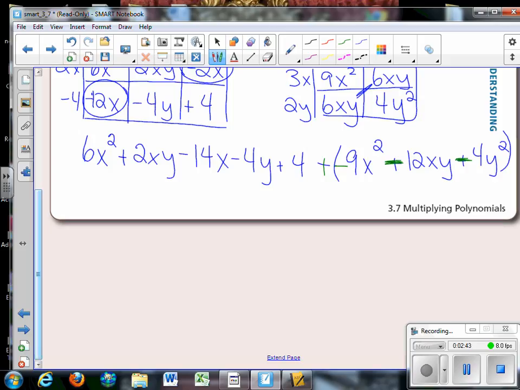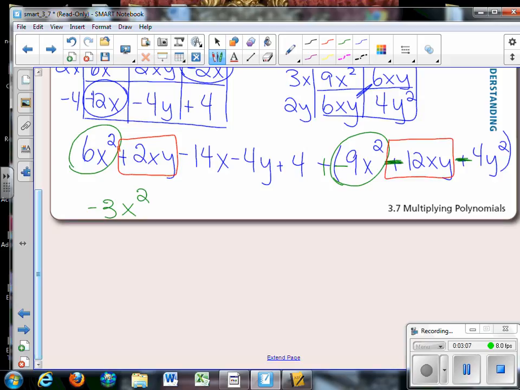Okay, so now we can collect like terms from the two parts of the original question. So we've got 6x squared minus 9x squared, because again, remember we were subtracting that. So you're going to get minus 3x squared. Then we have 2xy and minus 12xy.